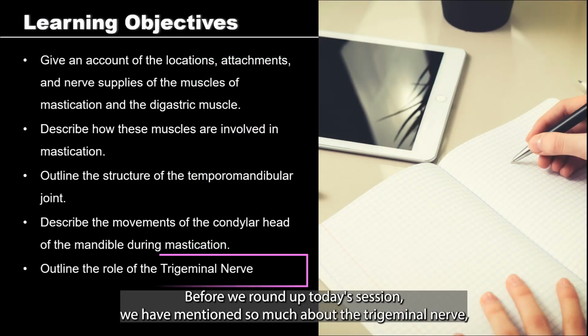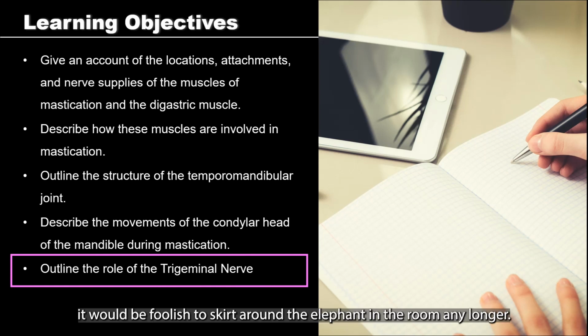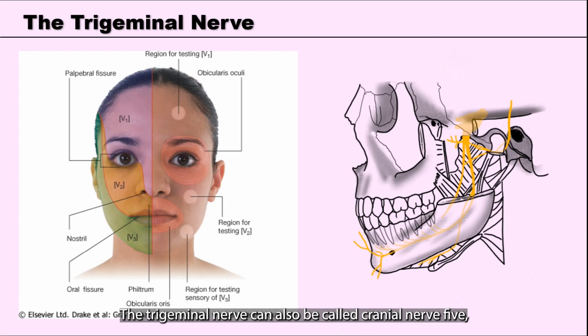Before we round up today's session, we have mentioned so much about the trigeminal nerve, but not what it does or where it goes. Given its role with the muscles of mastication, it would be foolish to skirt around the elephant in the room any longer. The trigeminal nerve can also be called cranial nerve 5, and it has 3 large branches.